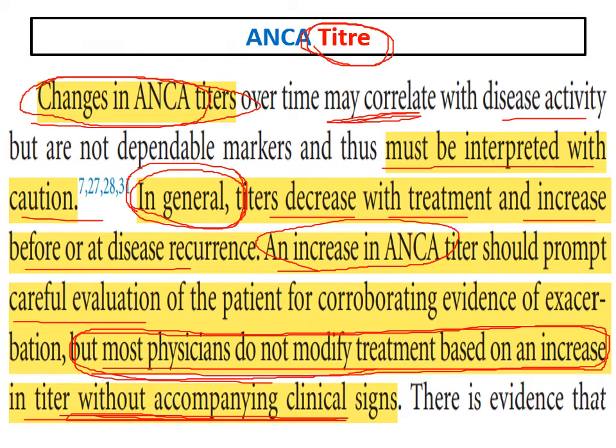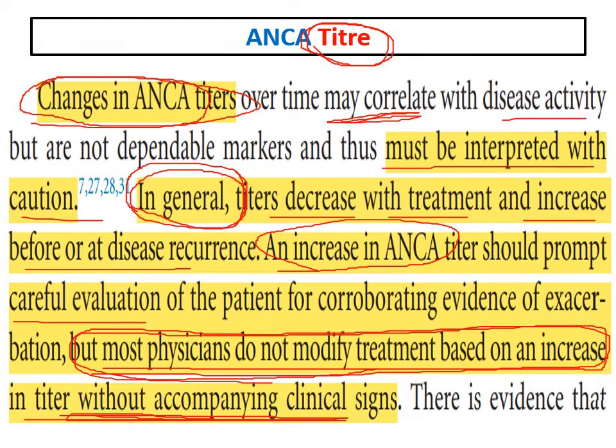If I found an increase in the ANCA titer, then I should evaluate my patient clinically. If there is clinical evidence of relapse accompanied by increase in the ANCA titer, so this is a relapse and I should augment or give the immunosuppression.